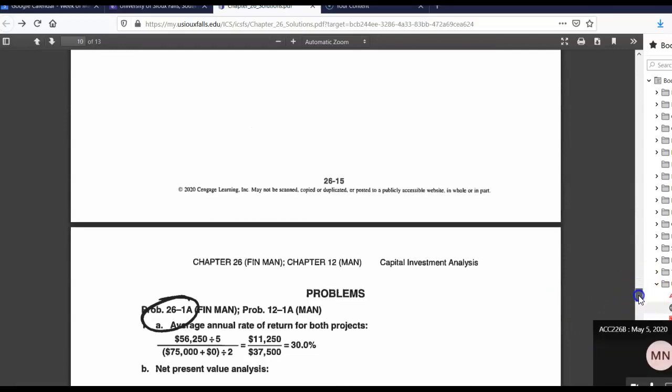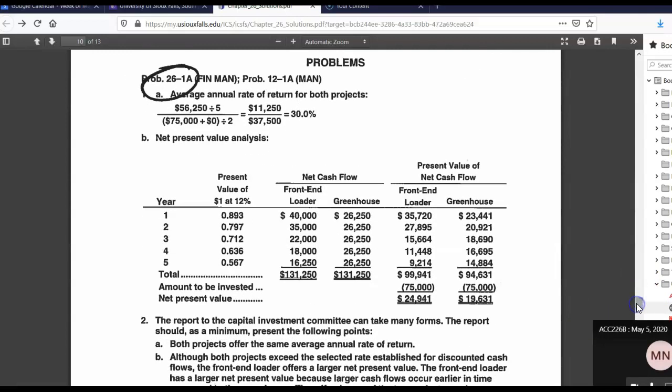Okay. Let's look at problem 1A. So problem 1A asks you to calculate what? 2 things, average rate of return and the net present value. Well, for your notes, make sure you write this down, average annual rate of return, which means when we're looking at rates of return, that would indicate income.